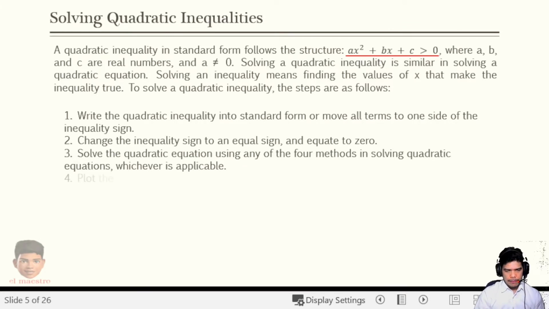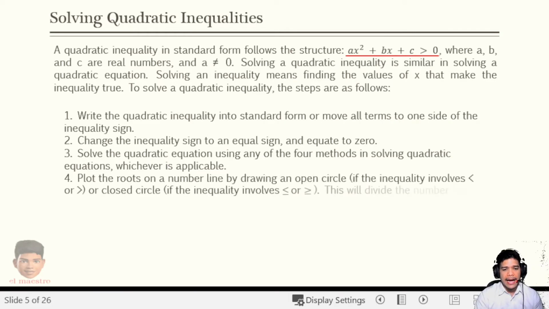Then, plot the roots on a number line by drawing open circle if the inequality involves less than or greater than, or closed circle if the inequalities involve less than or equal to or greater than or equal to. This will divide the number line into different regions. Okay? Later, mas ma-understand natin yan.